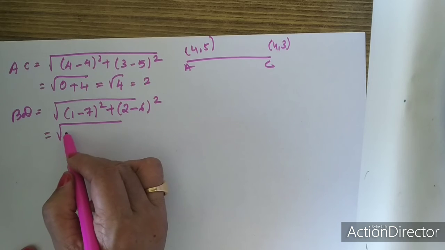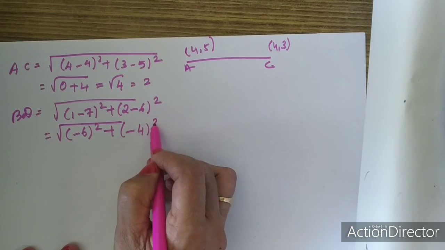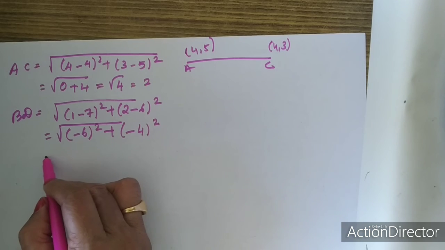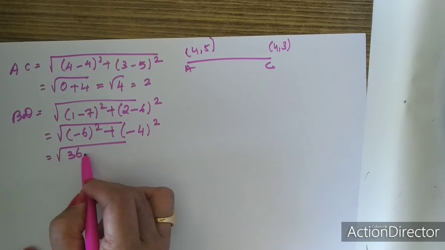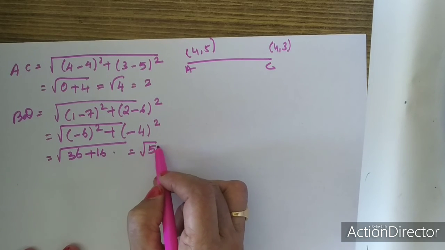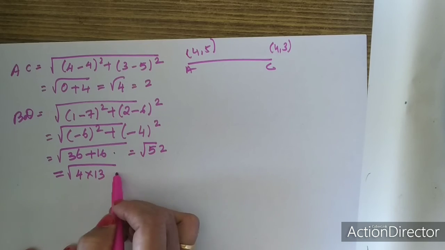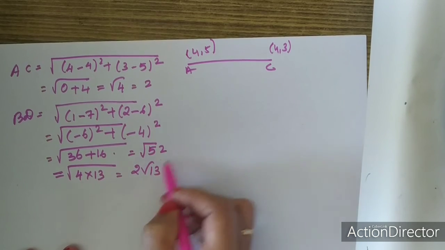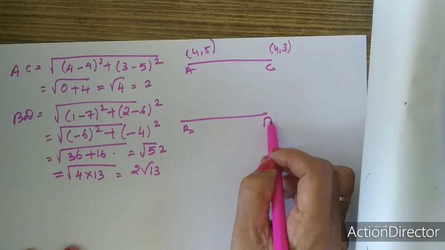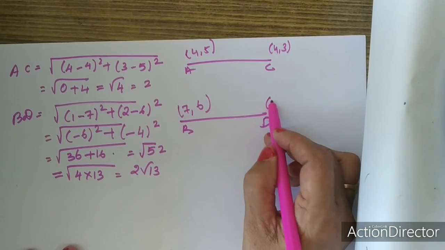This is equal to minus 6 whole square plus minus 4 whole square, which is equal to 6 square is 36 plus 16, which is equal to root 52. Root 52 can be written as 4 into 13, which is equal to 2 root 13. So B is 7, 6 and here D is 1, 2.